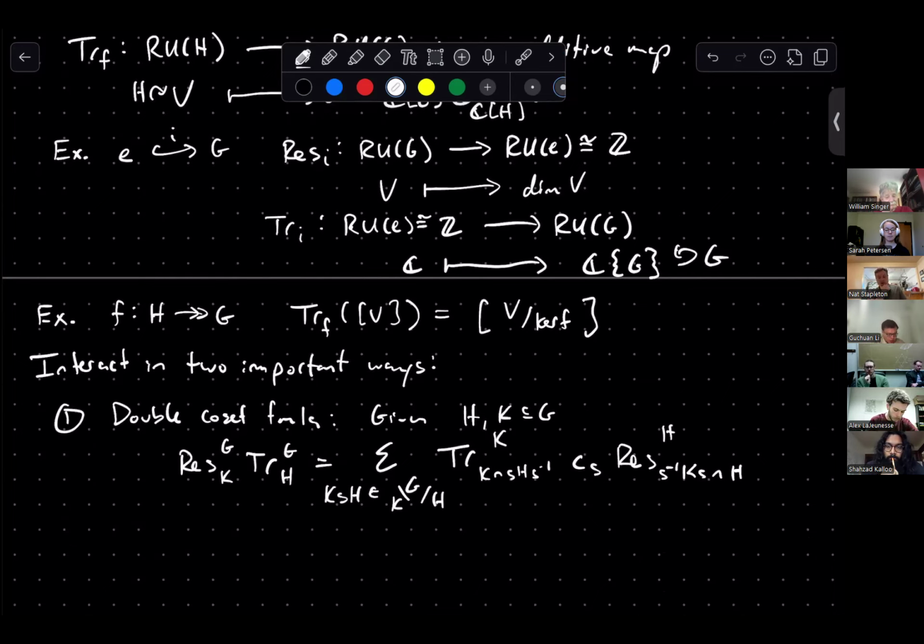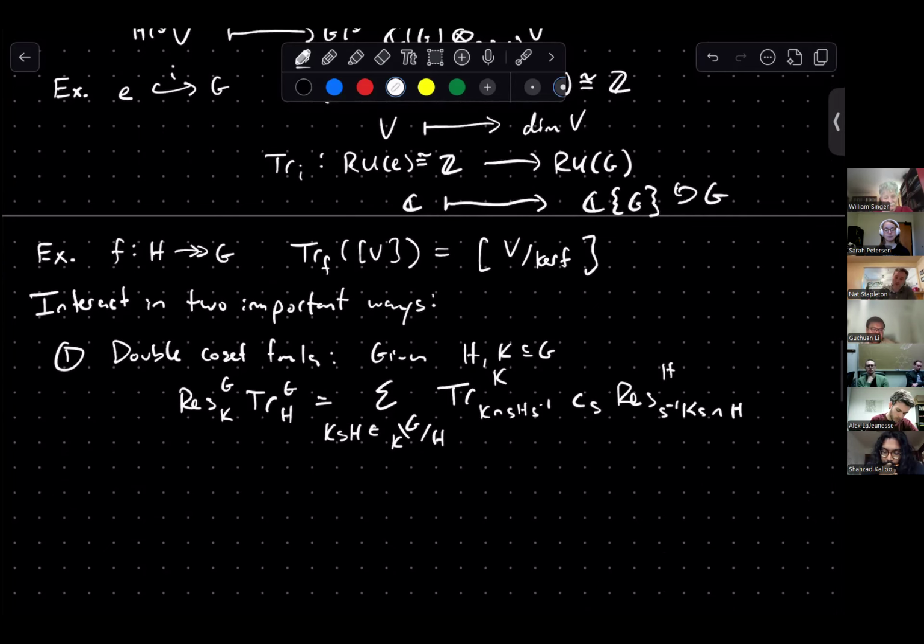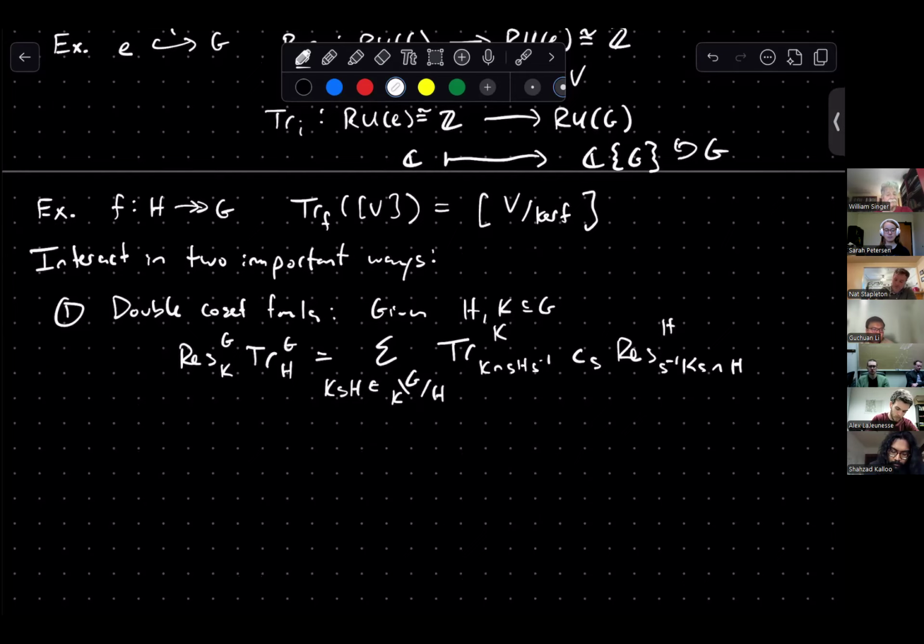So that's the definition of a global Mackey functor. But by doing this example, I can also tell you the definition of a global Green functor using the second way that these two maps interact with each other, which is called Frobenius reciprocity.